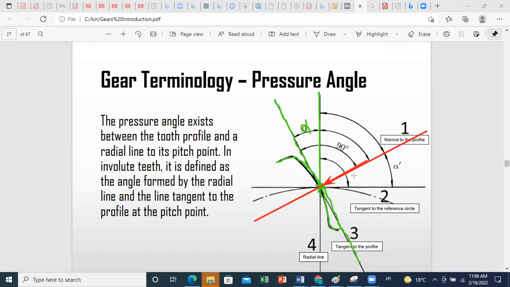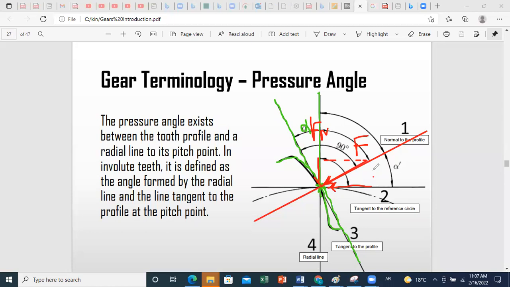And then we can say that this force F can be divided into two components. One will have an effect on rotation, and one will not do any action. So you can divide it into two components: a normal component Fn, which will not contribute to rotation, and a tangential component Ft.